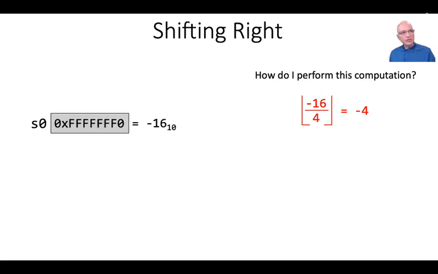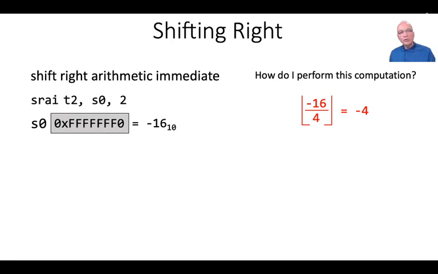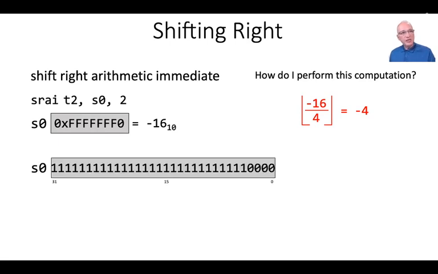So minus 16 will have that format. And in order to do this, I'm going to need a new instruction. I need a shift right arithmetic immediate. The shift right arithmetic instruction will do the same thing as the shift right logical instruction, but instead of always inserting zeros on the left-hand side, it will preserve the sign of the number. So in this case, the most significant bit of the representation of minus 16 is 1.